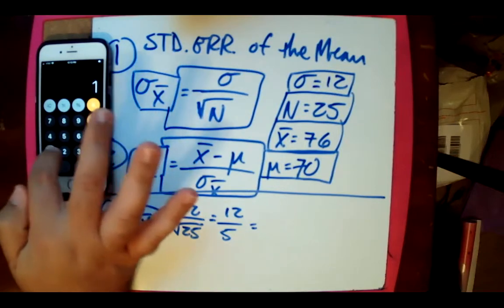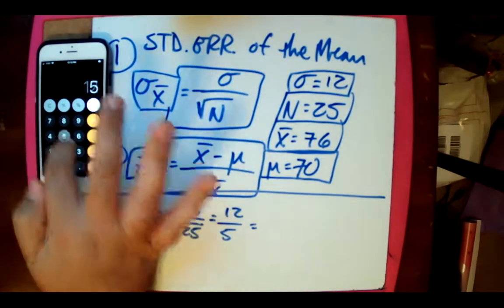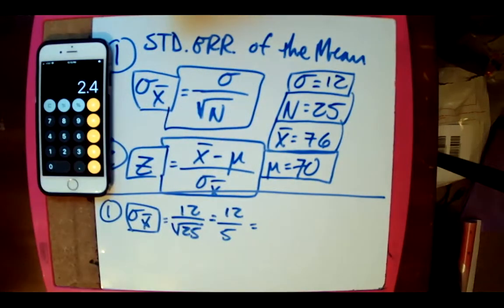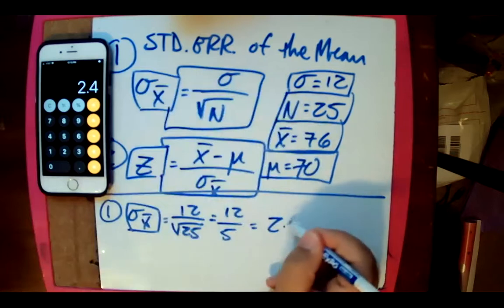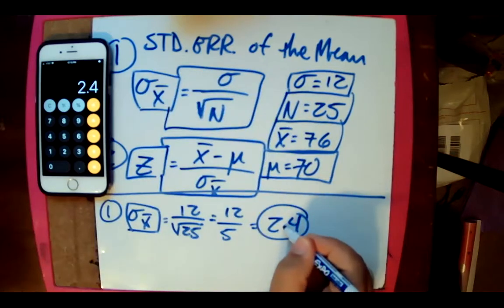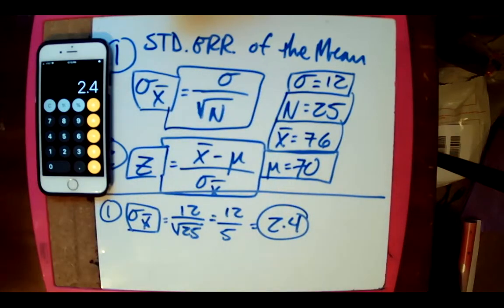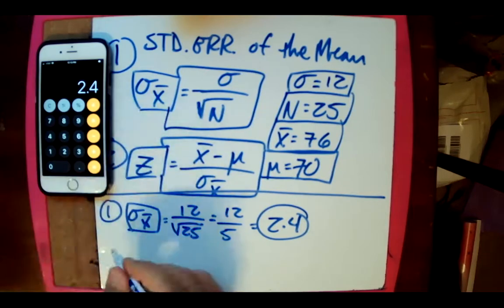Okay, so we do 12 divided by 5 equals 2.4. All right. So our standard error is 2.4. So we would say the average distance from the center of all the high schools combined is 2.4 standard error units, right? It's kind of the same thing as saying 2.4 standard deviations, right?